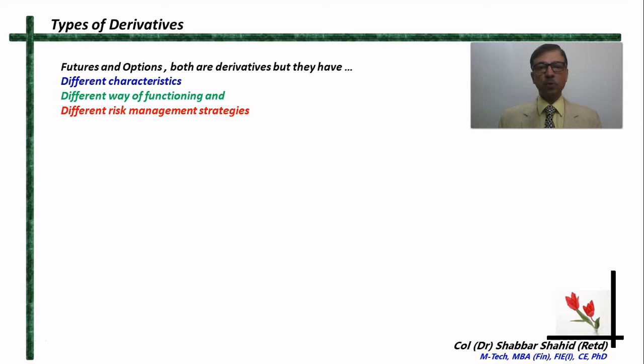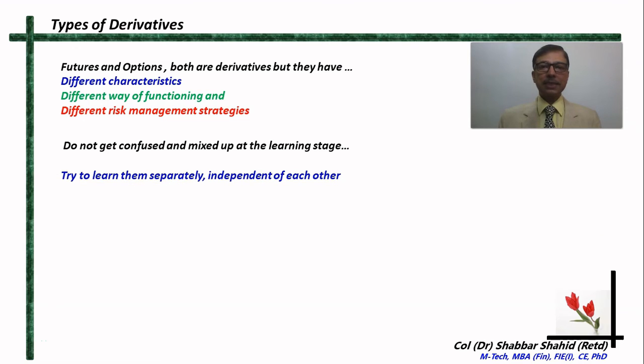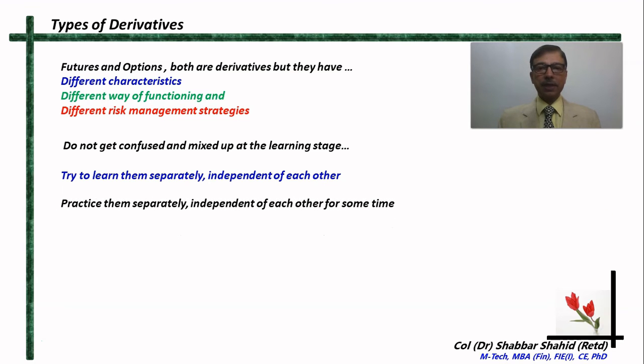Thus, they get confused. My advice is, do not get confused and do not mix up both of them. Try to learn them separately, independent of each other, and then practice them separately and independent of each other for some time.